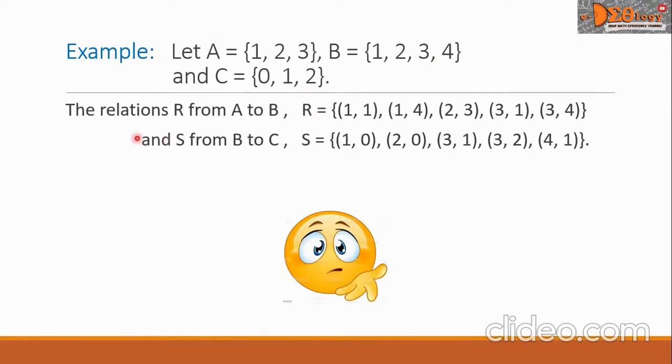The relation from A to B is R equals (1, 1), (1, 4), (2, 3), (3, 1), and (3, 4). And relation S from B to C is S equals the ordered pairs (1, 0), (2, 0), (3, 1), (3, 2), and (4, 1).